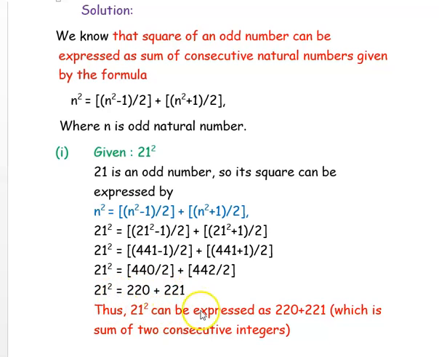Thus 21 square can be expressed as 220 plus 221, which is the sum of two consecutive positive natural numbers.